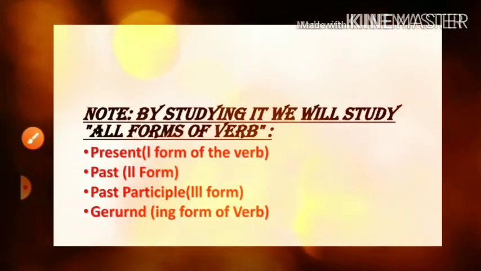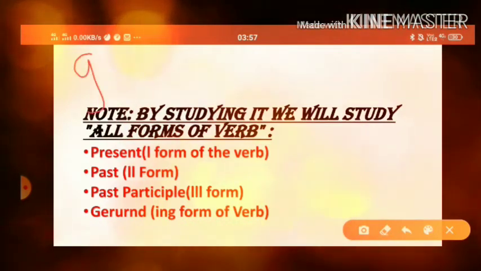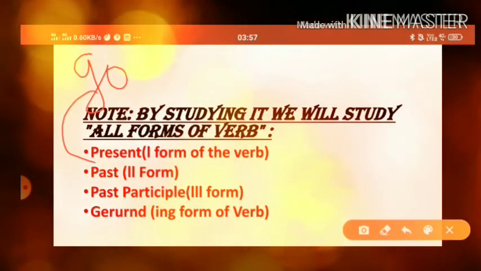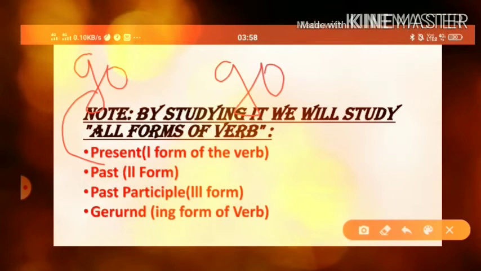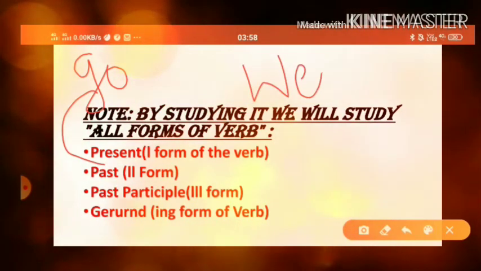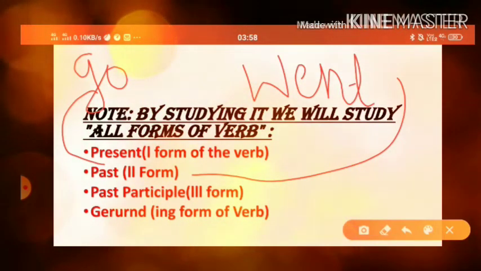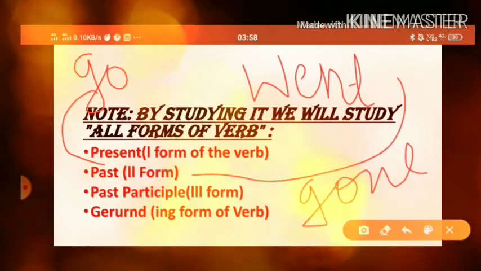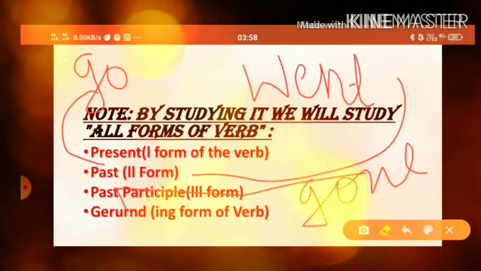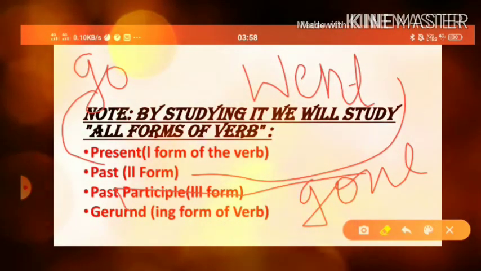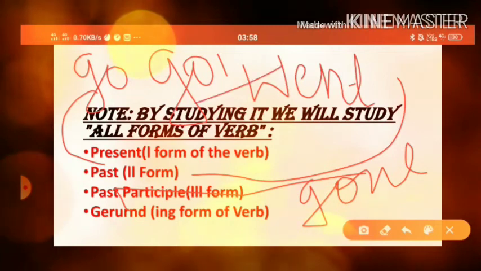As we can see by example, go is present, went is past, gone is past participle, and going is the ing form.